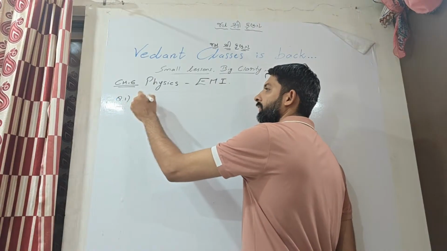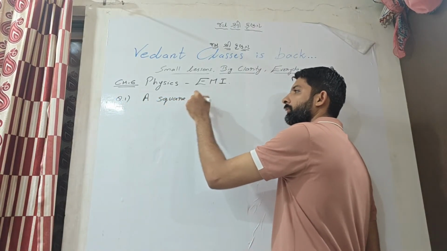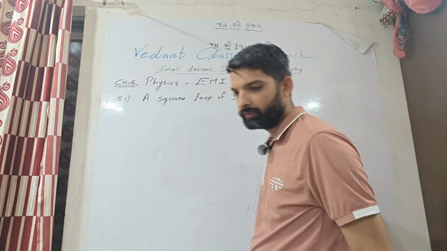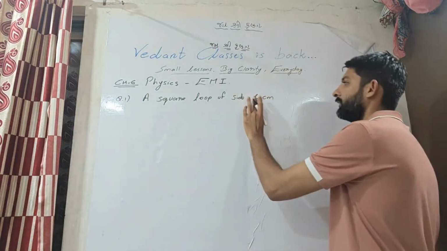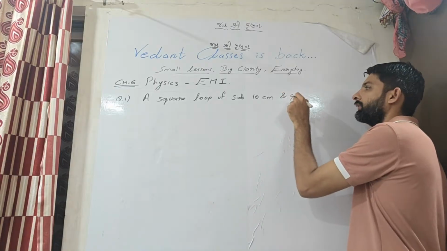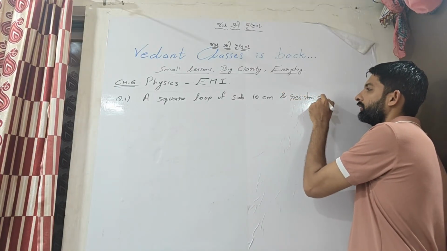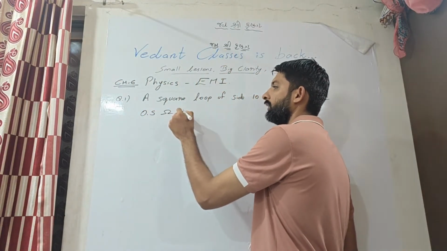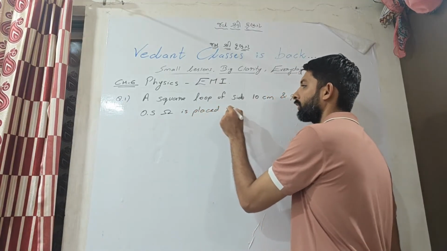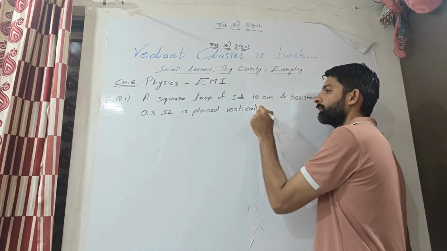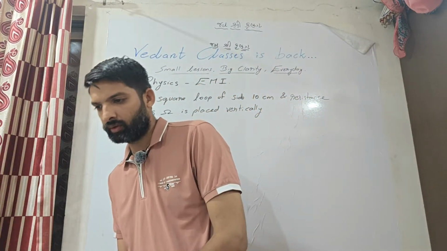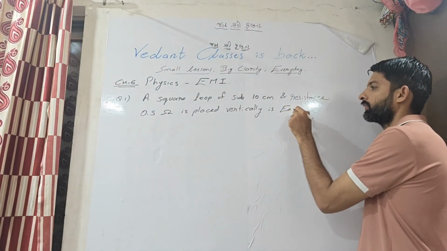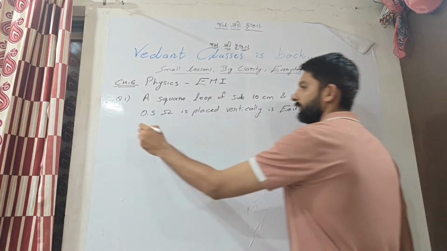Question 1 is: a square loop of side 10 centimeter, and resistance 0.5 ohm, is placed vertically in the east-west plane.